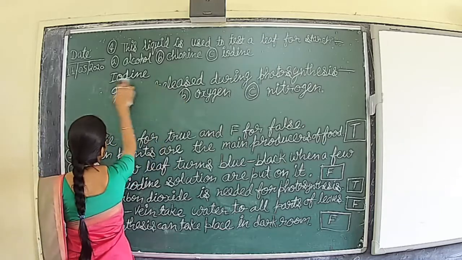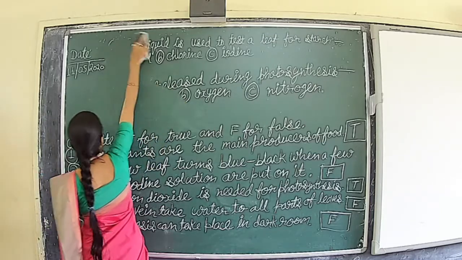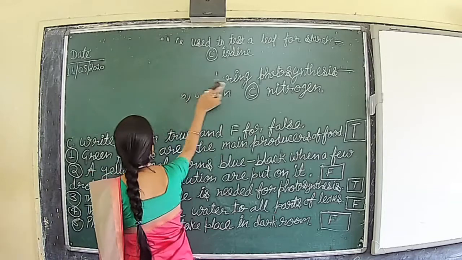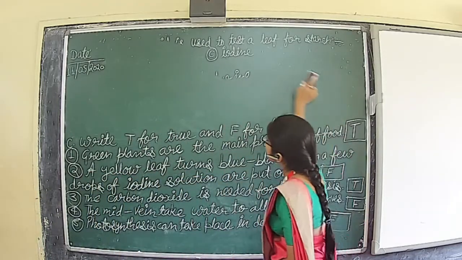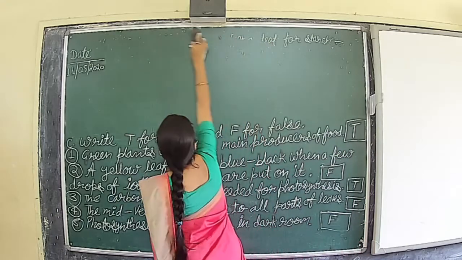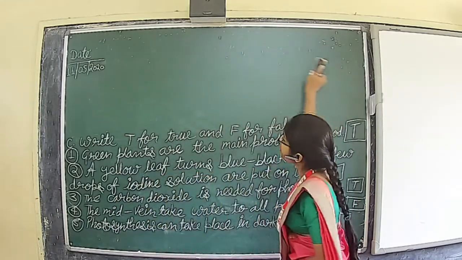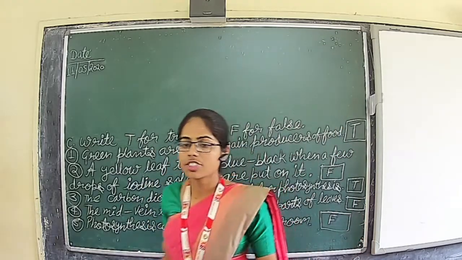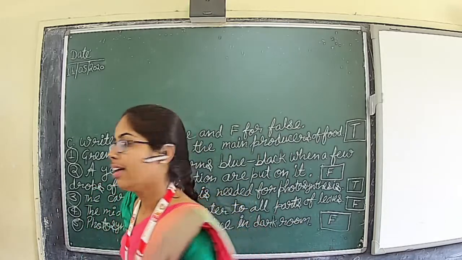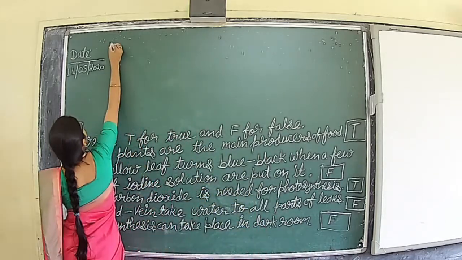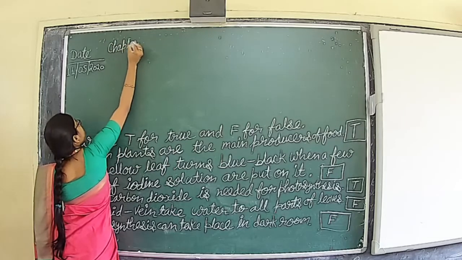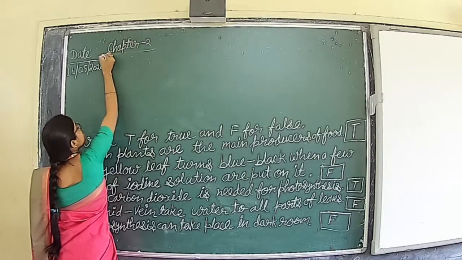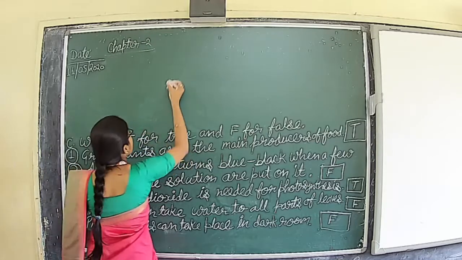Now we will move to the next exercise. Give reasons. For that, you need to take out your notebook. Even if you have the book, take out notebook. Write today's date. Then write chapter 2 and the chapter's name: Plant making food.